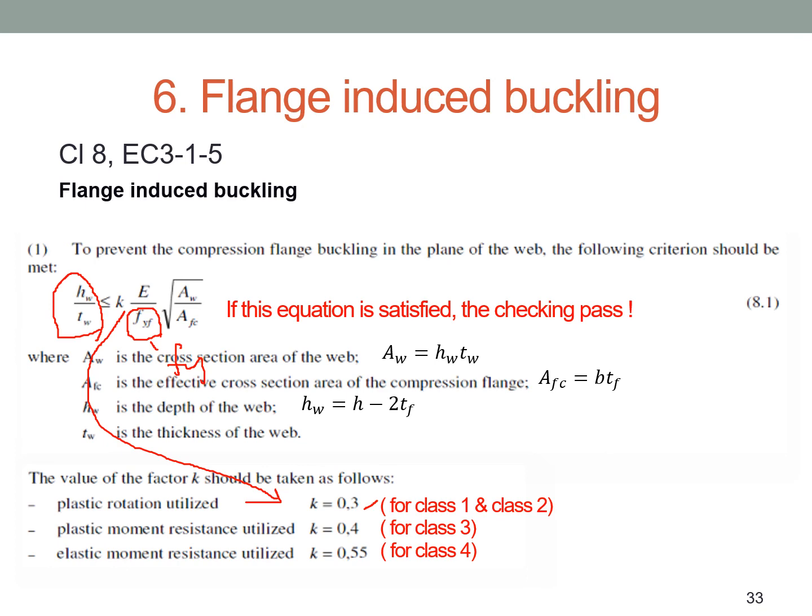And Aw is the area of the web, and Afc is area of flange in compression. It means that top flange only. Okay, which is b times tf, and also for Aw is hw times tw. And hw is actually the total height minus 2 times the tf. Okay, so if this equation is satisfied, then the checking is passed.